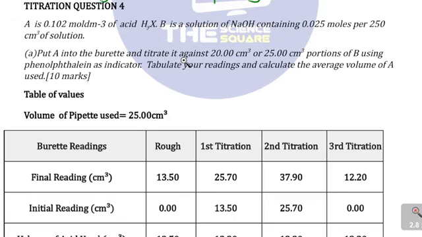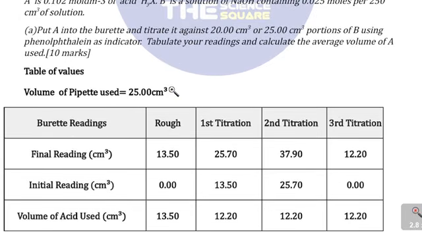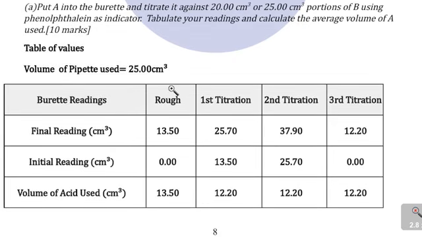Now this is a table for the titration. We are assuming that the titration has been done, and this is the table. When you are presenting your table, as I've said in the previous video, you must ensure that the units are stated and you have consistent decimal places.